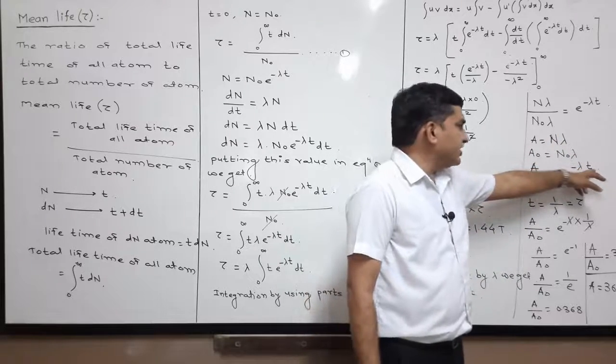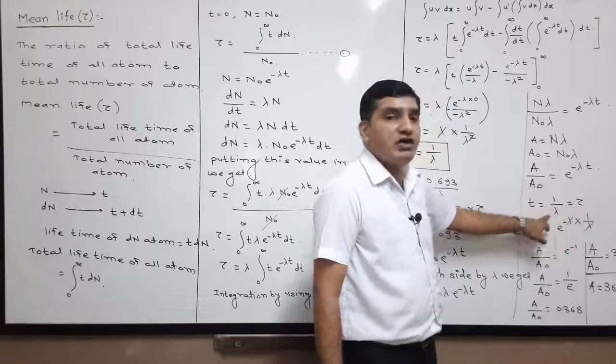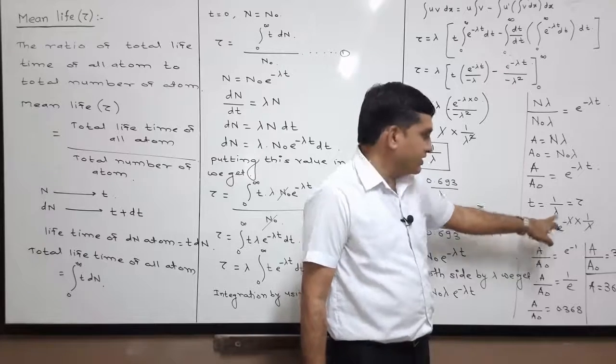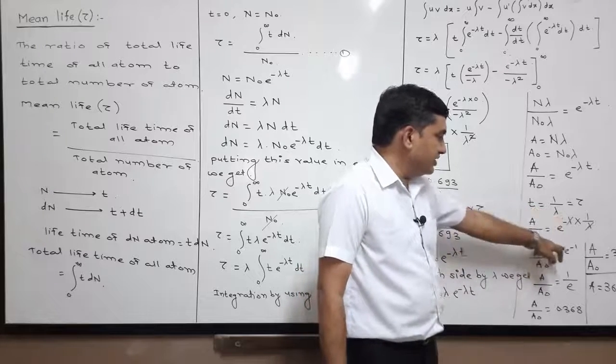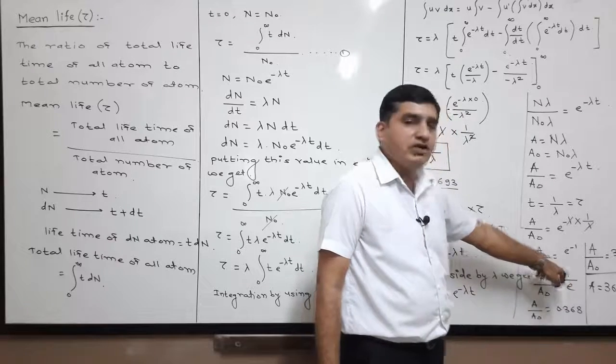Here we consider time t equal to the mean life, which is the reciprocal of the decay constant, and therefore putting this value we get A upon A0 is equal to 1 upon e.